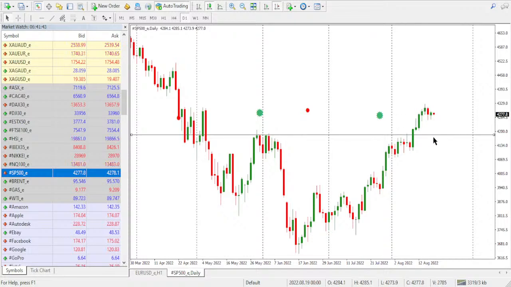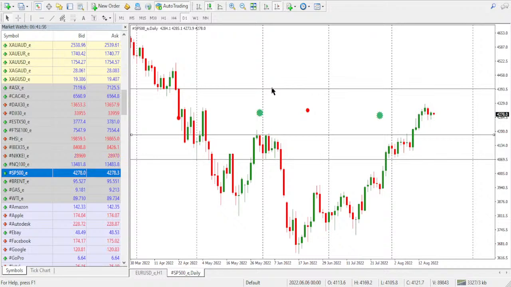Expect the price to pull back up to this point so that you pick a buy position. Your stop loss should be fixed below the low of this candle. Then your take profit is fixed at this price here, 4395.2. The next one is 4183.8. Then this one is 4070.2.